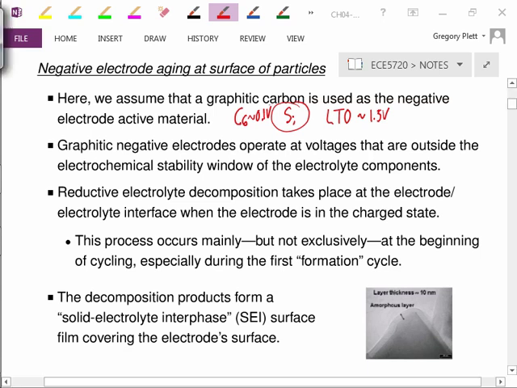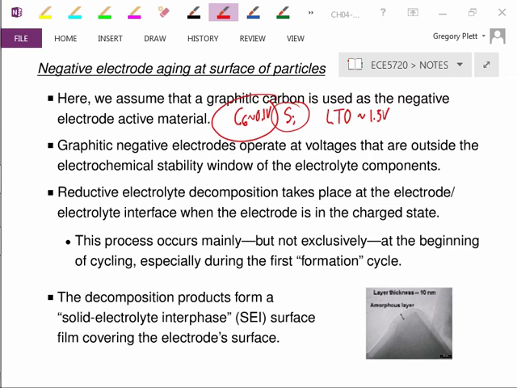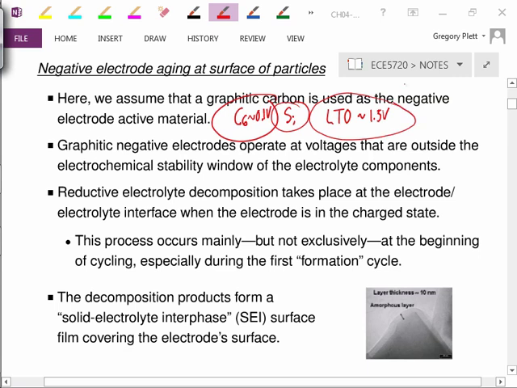So I want a very small negative electrode voltage in order to get a big cell voltage and therefore more energy in my cell. That's why people use carbon, plus it's inexpensive. Lithium titanate oxide has this higher voltage, which means its energy density, or specific energy, is quite a bit lower than the carbon-based negative electrodes.